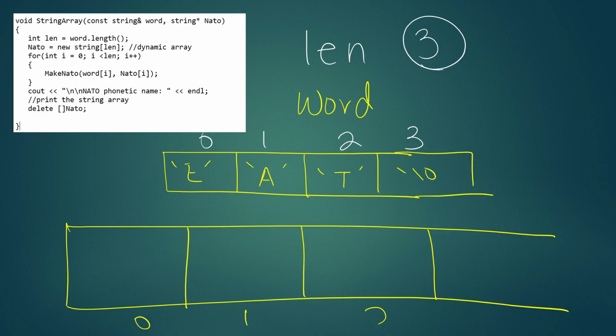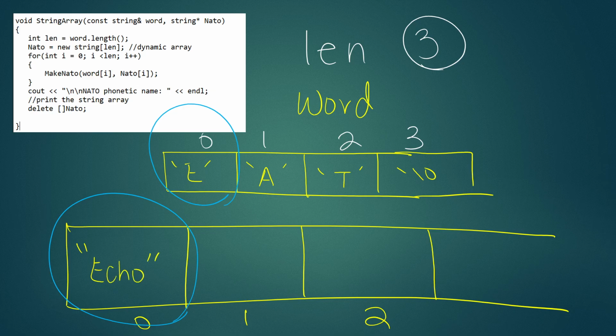The first time we pass it, we're going to pass this character and this string. The make NATO function is going to say, oh, that's an E. So then it's going to assign right here the word echo.